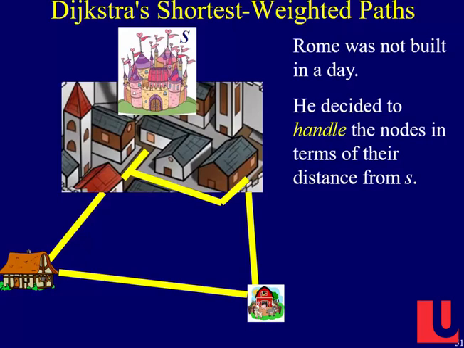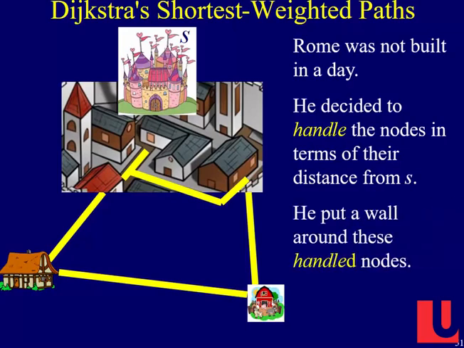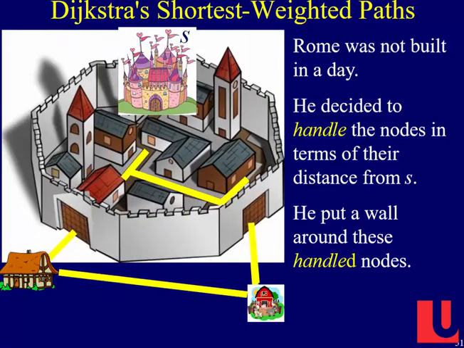He might not know the perfect distance from S, but he's going to have some sense of its distance, and that's the order in which we're going to handle them. All right? And so, just like we did with the Great Wall of China, we're going to put a wall around the guys that have been handled. All right? So, what's true about handled nodes?